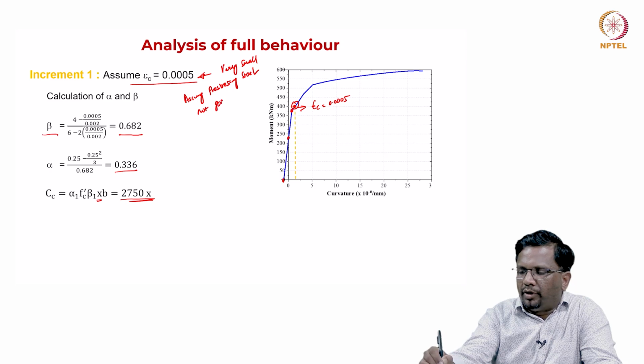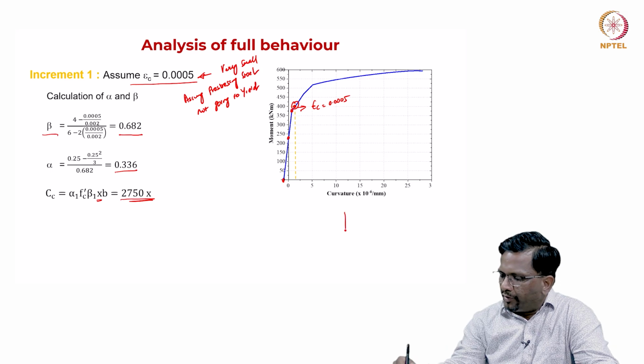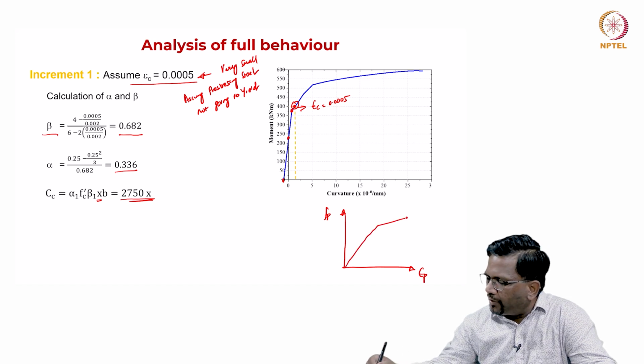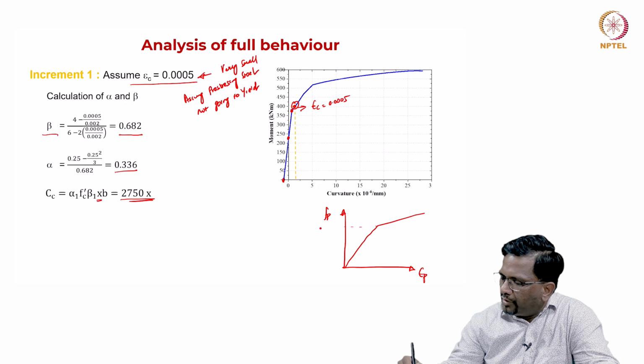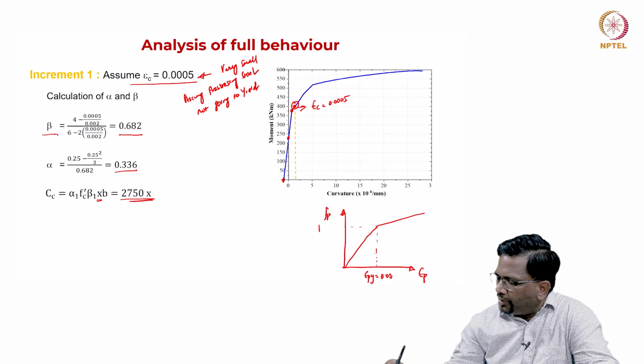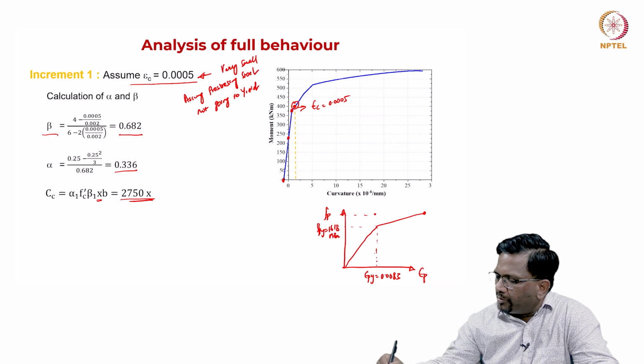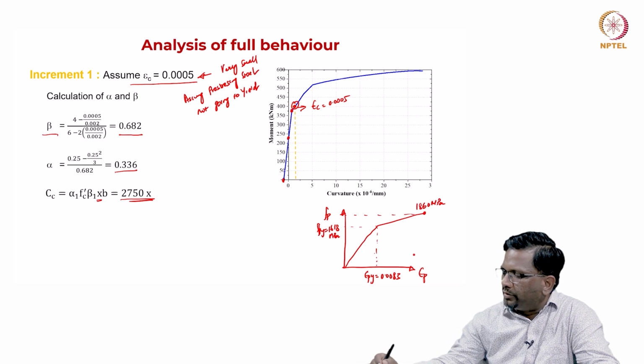So, that means pre-stressing steel, if we go back, and this is what we have taken, Fp epsilon p, and you see this is what we took, and this was epsilon py, we had taken it to be 0.0083, Fpy was 1618 megapascal, and this was ultimate, which is 1860 megapascal, and this was a higher value.